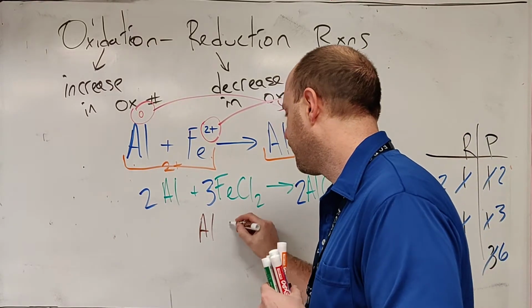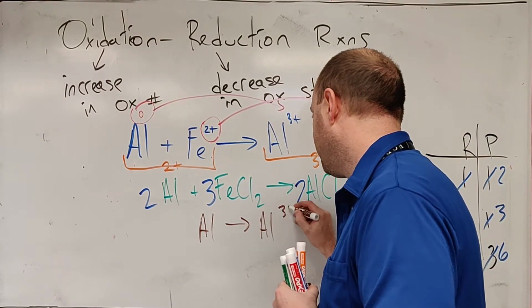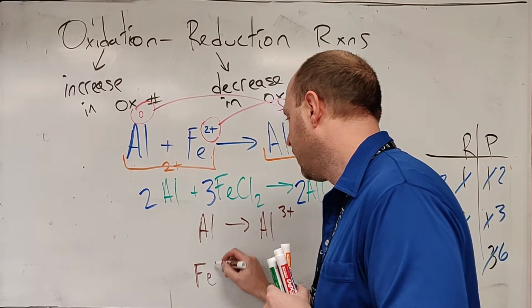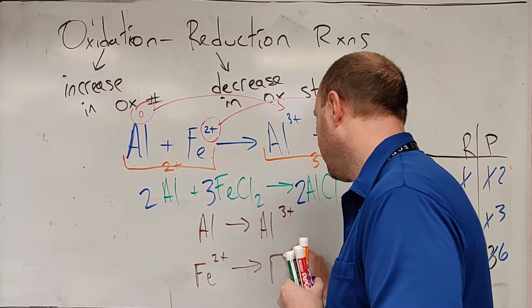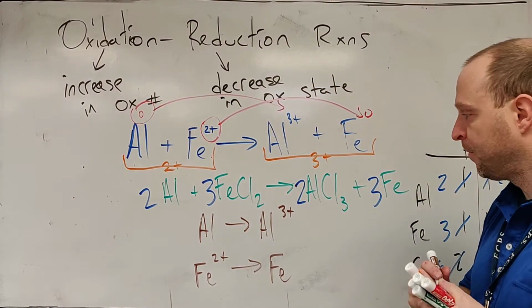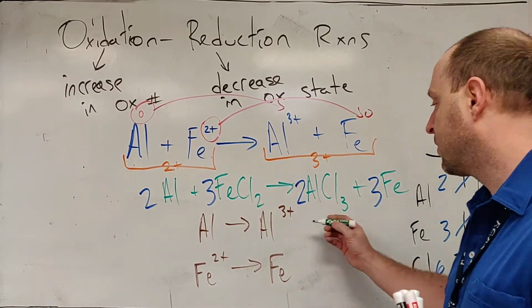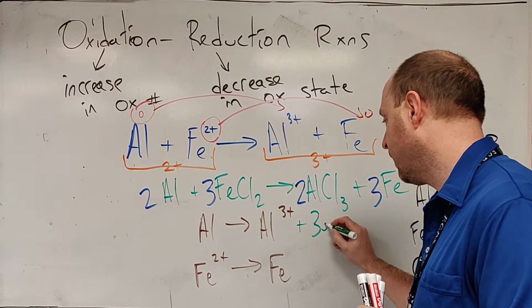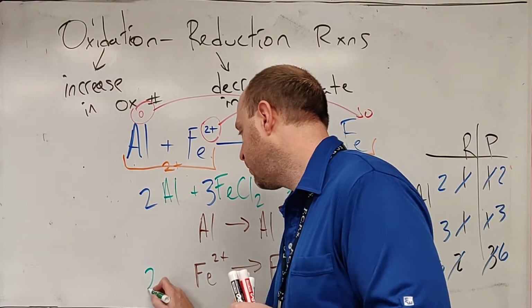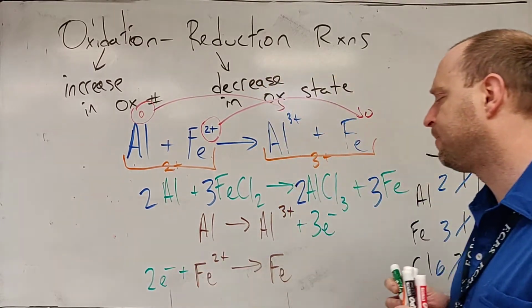I've got aluminum turning into aluminum 3 plus, and I've got iron 2 plus turning into plain old iron 0. To make this happen, the thing that's missing is 3 electrons. And down here, we've got to have 2 electrons to make this happen.